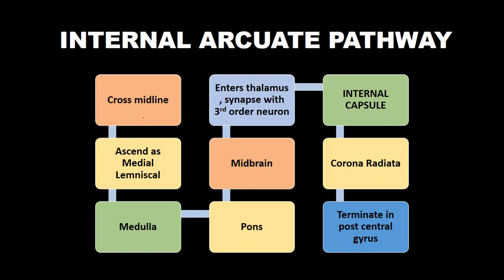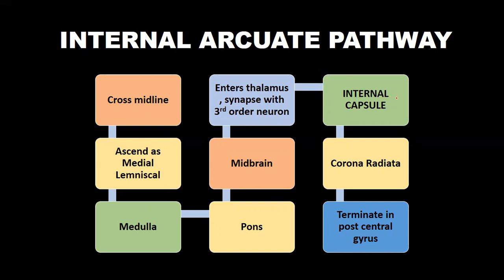First, the second order neurons which are divided. For the internal arcuate pathway, it crosses the midline, ascends as the medial lemniscus, then goes through the medulla, then pons, then midbrain, then enters the thalamus and synapses with the third order neuron.